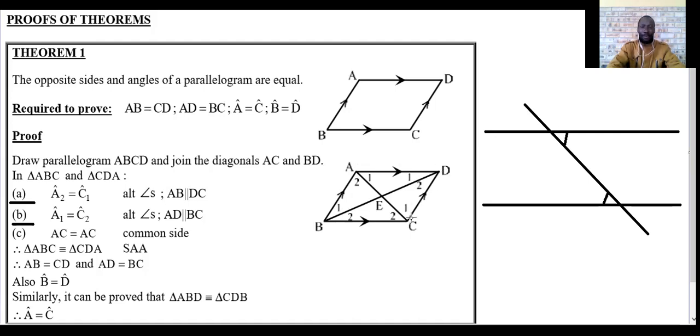Once again, AC is part of the triangle A, B, and C. Then AC is also part of the triangle A, D, and C. So we can say this AC, which forms triangle ABC, is equal to the AC, which forms triangle A, D, and C. And that is the other property that we have here.